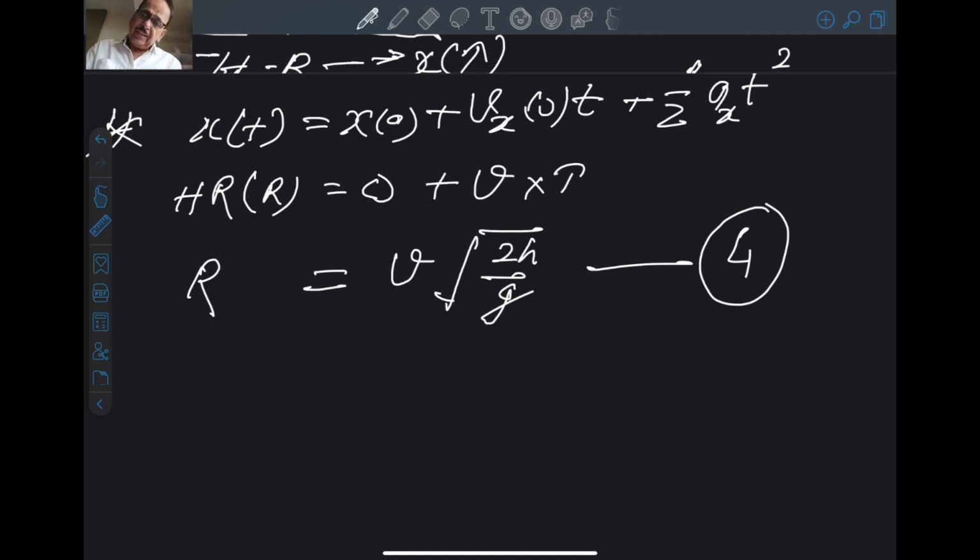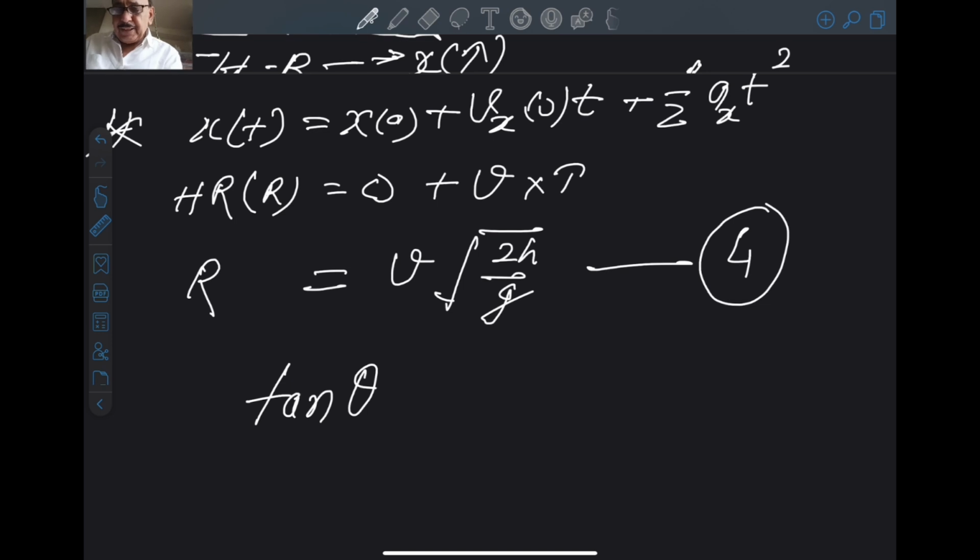So when I say the direction of velocity, you have to refer whether it's from the x-axis or y-axis. Mostly we treat velocity with respect to the x direction. So when I say the direction of velocity, it becomes an angle and tan theta.